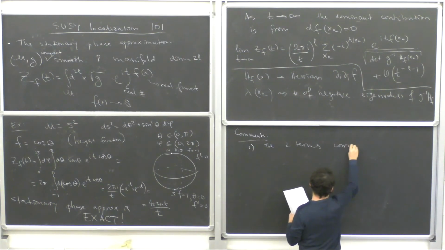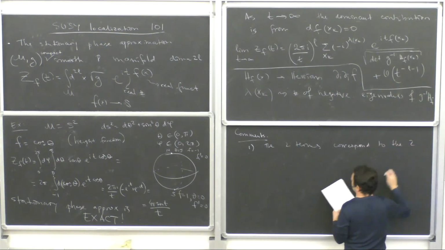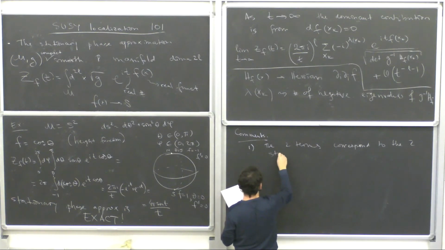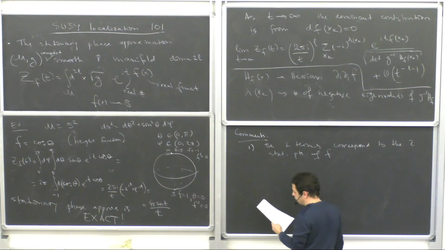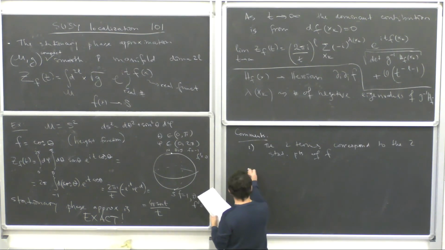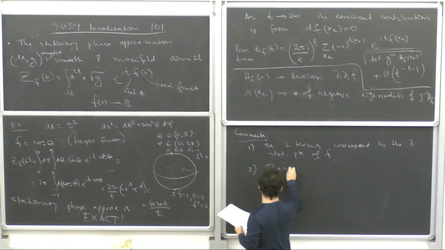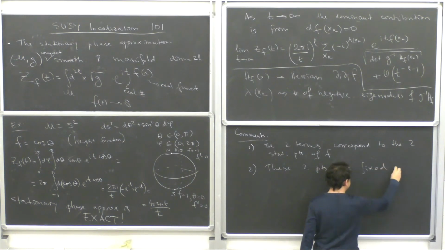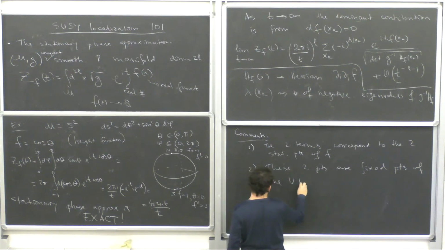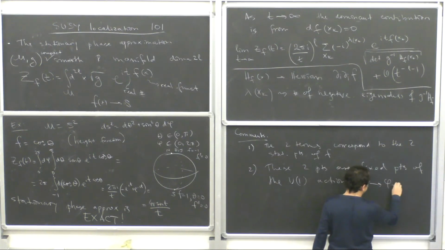So that I already said, to the two fixed points or stationary points of the function. These 2 points are fixed points of the U1 action, or the circle action, generated by this transformation of phi.